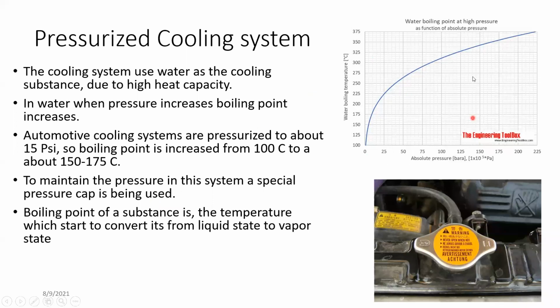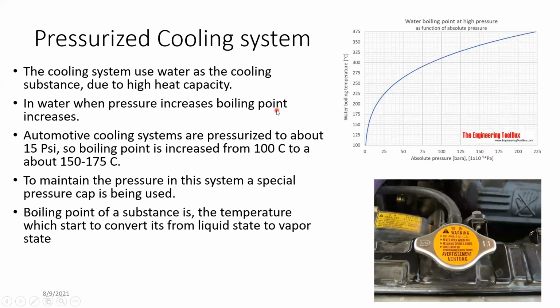This diagram shows how the water boiling temperature increases with the pressure around it. When the pressure increases, you can see how the graph changes shape. With the increase of the pressure, the boiling point is also increasing.